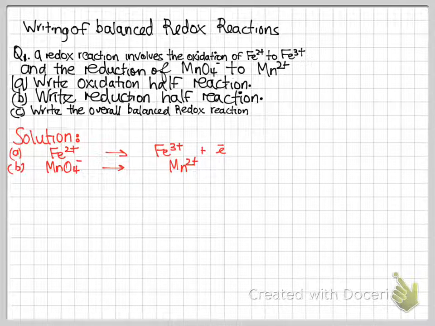Okay, next we look at part B, the reduction reaction. We've got MnO4- going to Mn2+. We notice that there's one manganese on the left and one manganese on the right, so there's no need to balance the manganese because it's balanced.